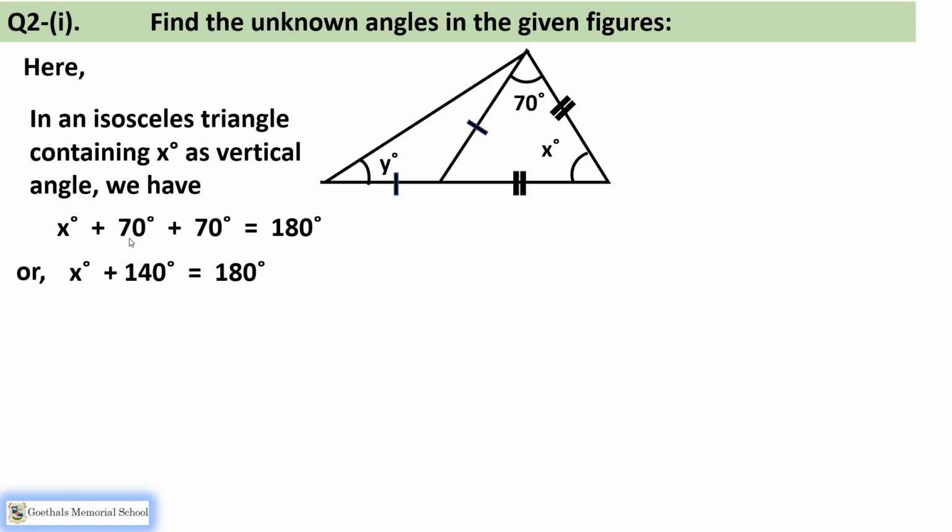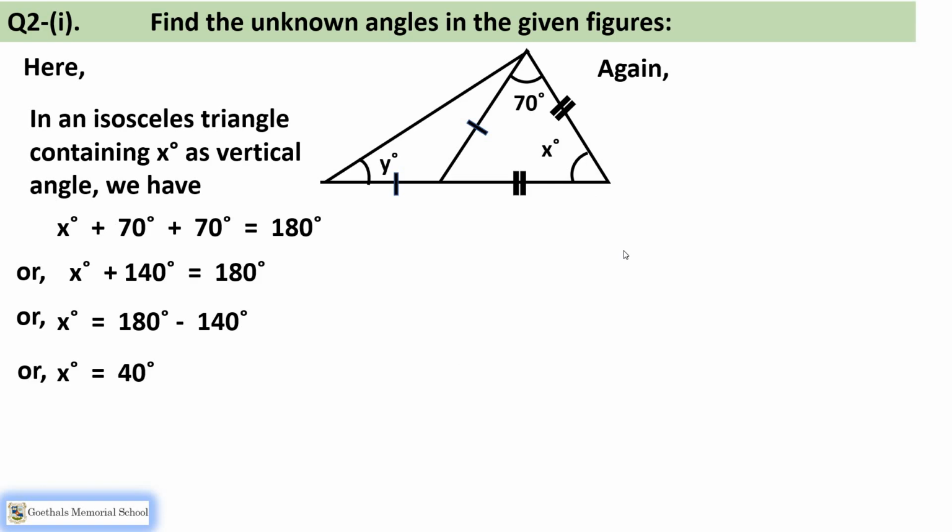I hope you have understood how we got two 70s, because they are base angles and they will have the same value. x degree plus 140 degree equals to 180 degree, or x degrees is equal to 180 minus 140, which will give us x as 40 degrees. So the value of x over here in the first triangle is 40 degrees. Now let us see another isosceles triangle over here.